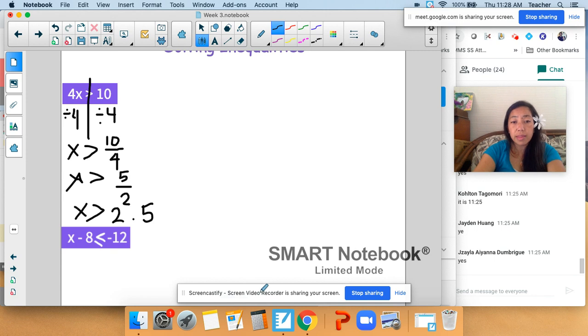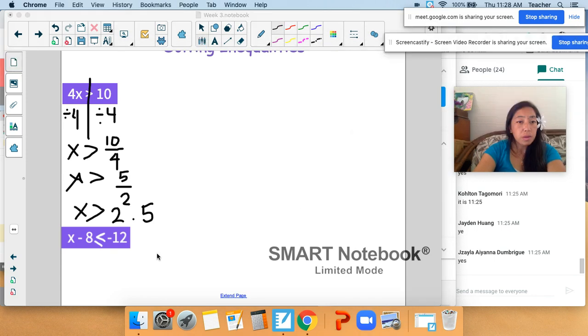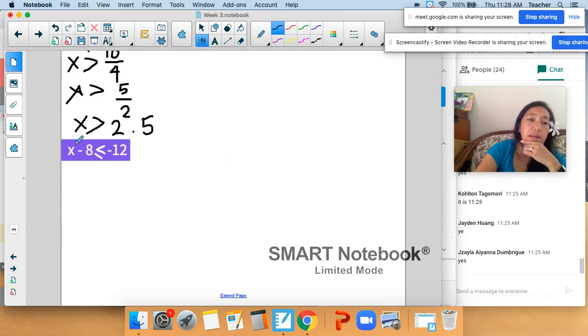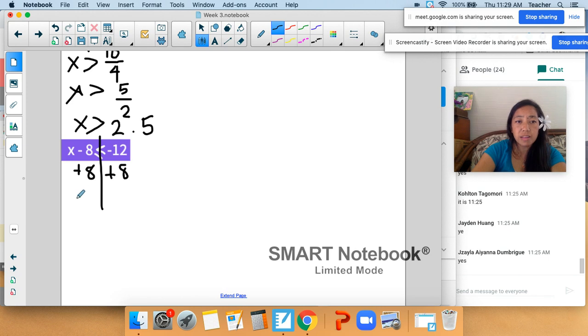If we look at this one here, same thing. I think, okay, here's my x, what's going on? And this one is less than or equal to. So the inverse of minus 8 is plus 8. So I add 8 to both sides, and that's how I get x all alone.